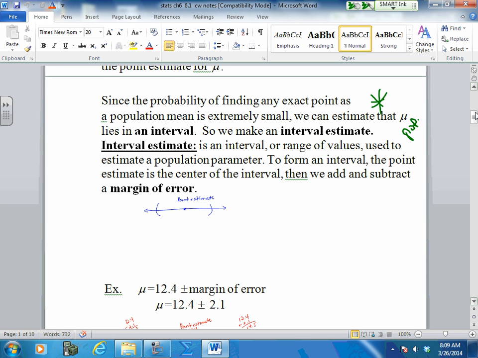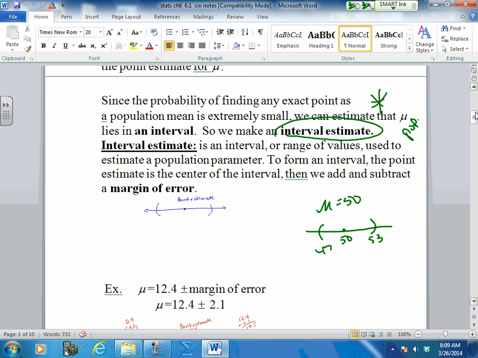In our intervals, the mean would be in the middle, and it would have equal lengths on both sides. That's called our margin of error. So we make an interval estimate. Instead of saying the mean is going to be 50, I'm going to say my mean might go from 47 to 53. If my mean falls within that interval, I'm good.